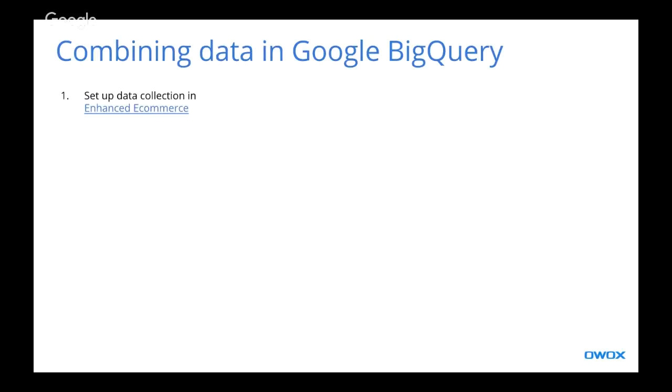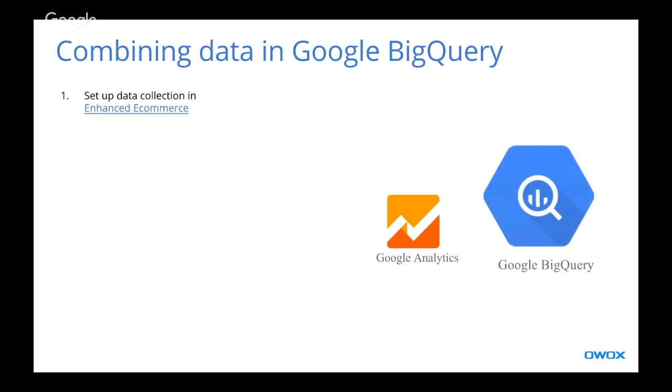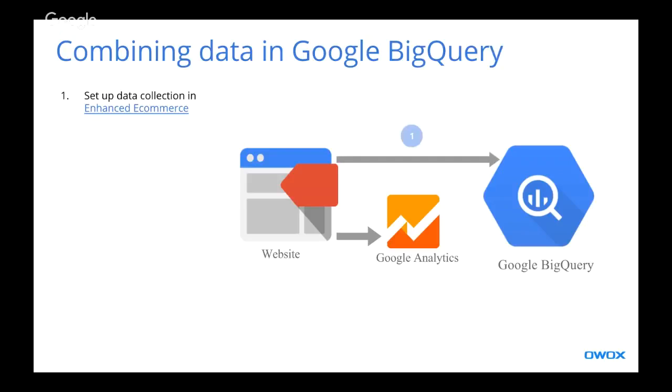So let's look at the data flow of what I just described. What we need to make this happen. First, we need to set up data collection in the enhanced e-commerce format to make sure that all the purchase funnel steps are being tracked in our analytics system.